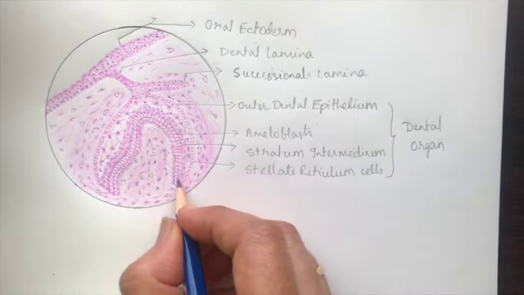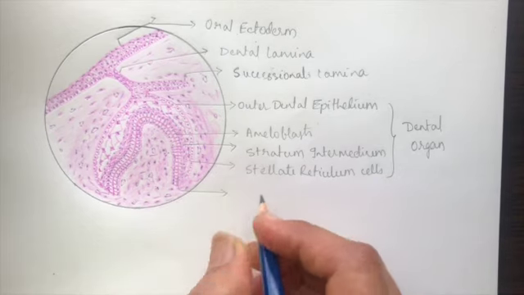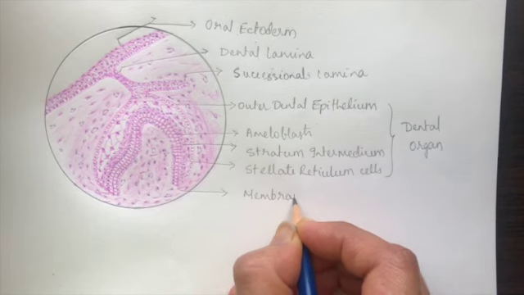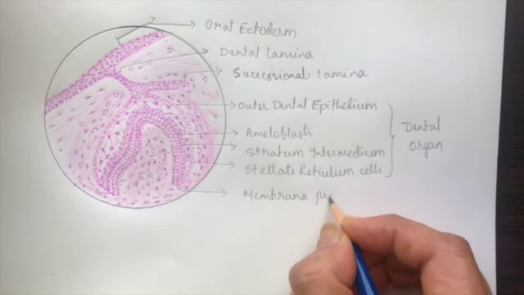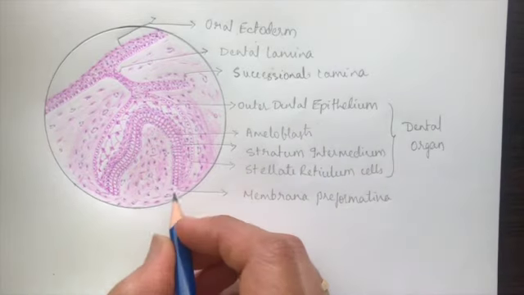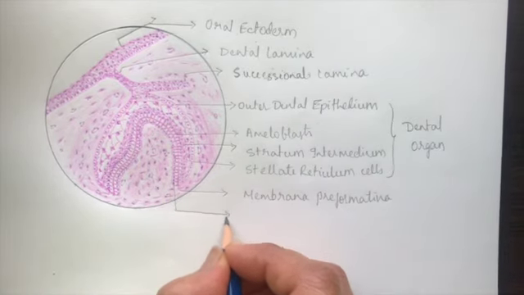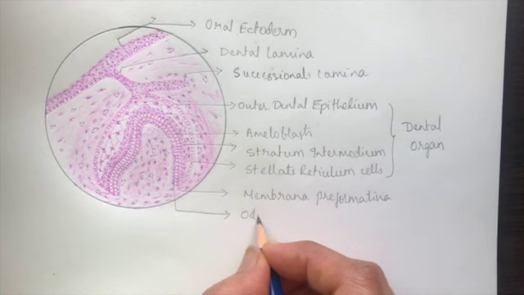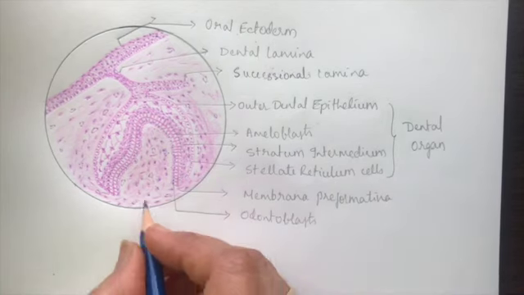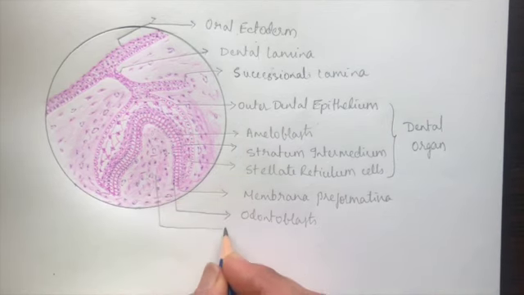Next we have this membrane called as membrana preformativa. These are odontoblasts. Then we have dental papilla.